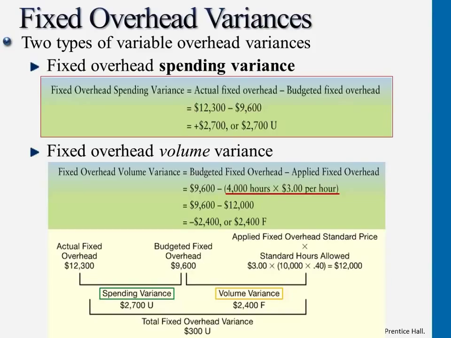So this part here assumes that if the workers actually worked the full 4,000 hours, then the fixed overhead cost could have been $12,000. The original static budget could have changed to $12,000. Okay, so this volume variance is favorable because the flexible budget we set as 9,600. So we had 2,400 favorable here. Added with the unfavorable, overall we have $300 still as unfavorable, but it was a lot less than this part here.